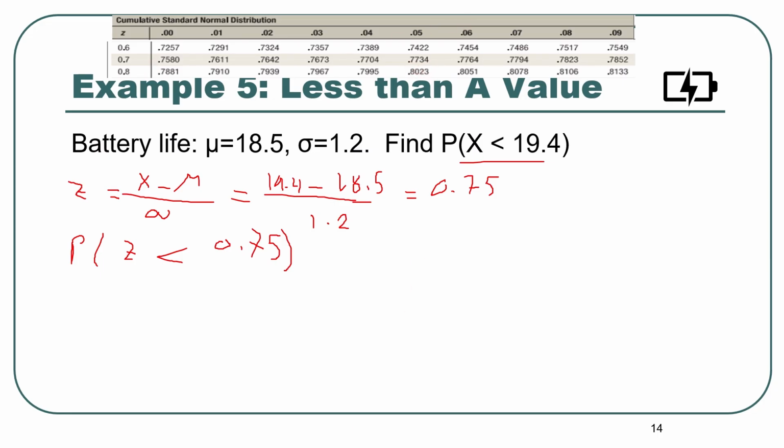This one from my table is 0.7734, which is again this value, which means that about 77% of batteries will last less than 19.4 hours.